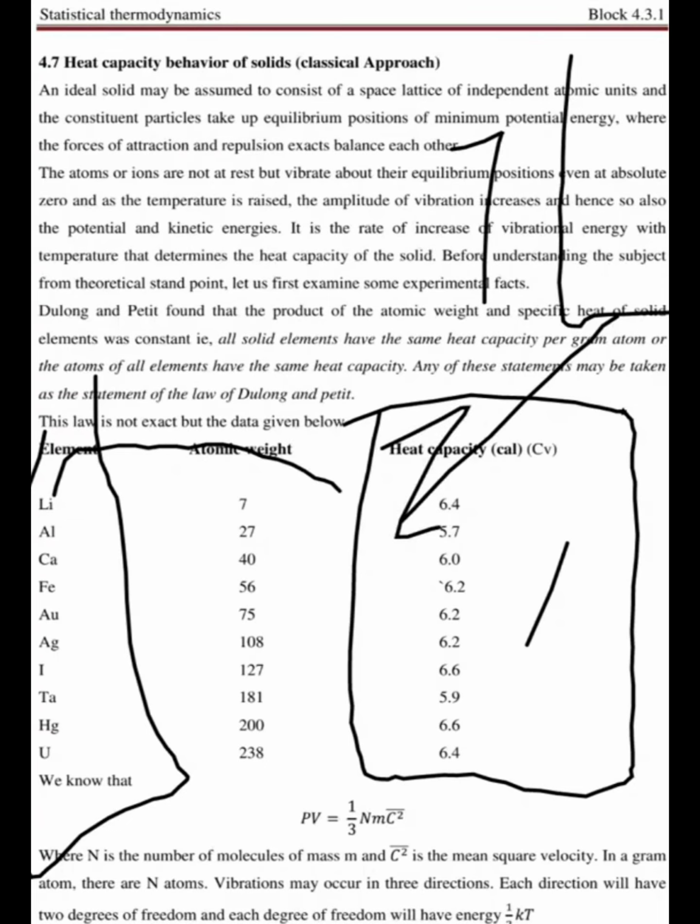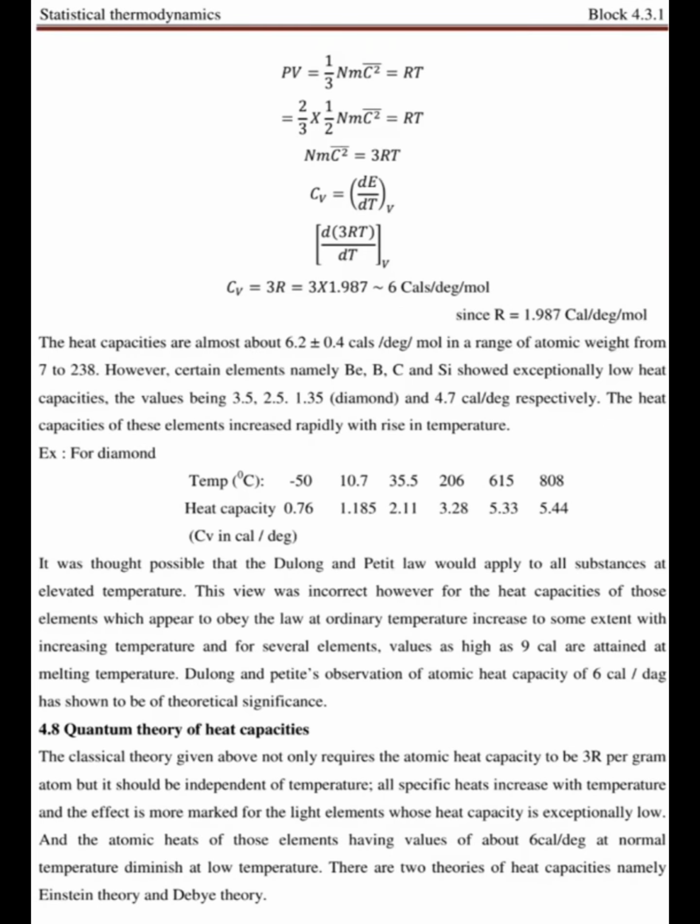So each direction will have 2 degrees of freedom, and each degree of freedom will have the energy of half kT. So further, PV is equal to 1 by 3 N m C square, that is RT, where Cv is equal to 3R, 3 into 1.9872.